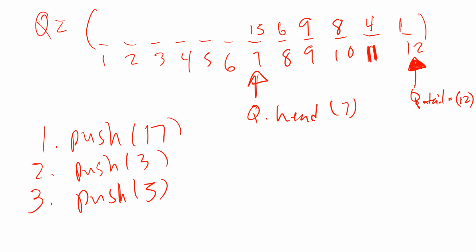So you're going to put a 17, and then this is going to move right to here, right, and then to here. So I can just do this all in one step. 17, 3, 5, and then you're going to have your tail to be here.